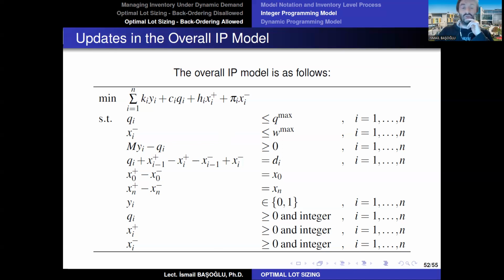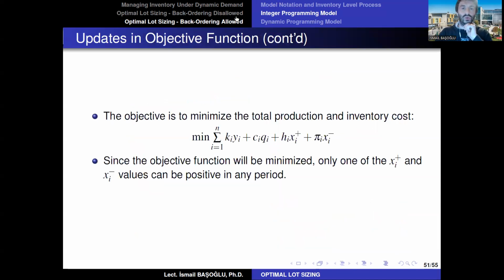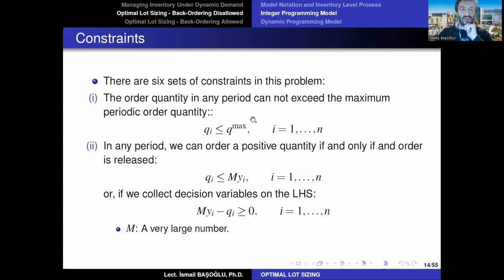Finally, we have the fourth set of constraints here, which is the balance constraints. Previously, we have defined this constraint as qi plus xi minus 1. I'm sorry, let me show that to you. That's just going to be better.